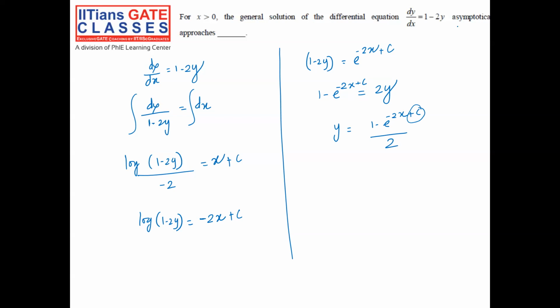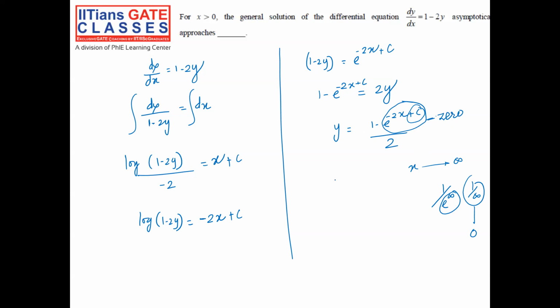Asymptotically approaches means whenever the value of x is increasing or extends to infinity, what will happen? E to the power minus infinity is 0. So 1 upon e to the power infinity is 1 upon infinity, and 1 upon infinity approaches 0. So this entire term, e to the power minus 2x plus c, will approach 0.